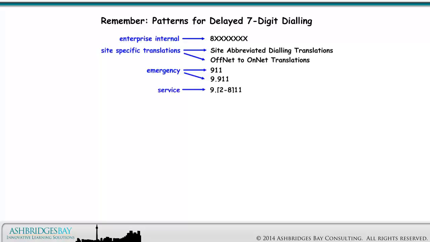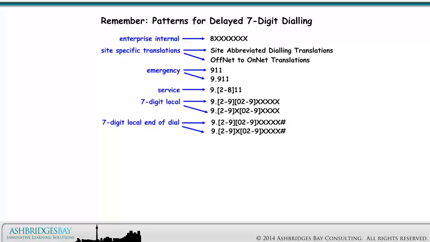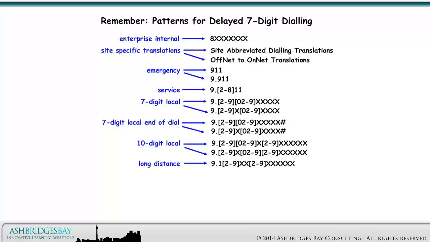Service codes, 211, 311, 411, and so on. 7-digit local patterns that don't cause post-dial delay for the shorter service codes. 7-digit local patterns with the end of dial indicator pound. 10-digit local patterns, a long-distance pattern.